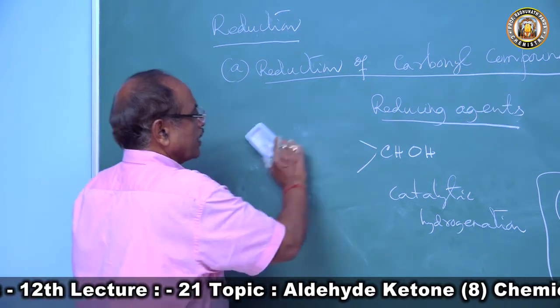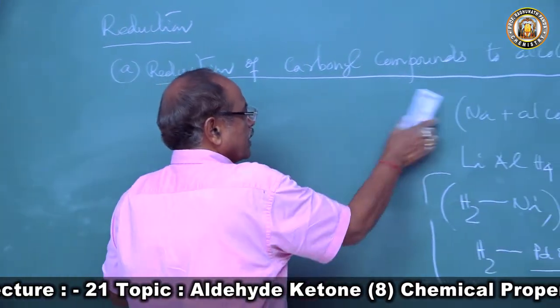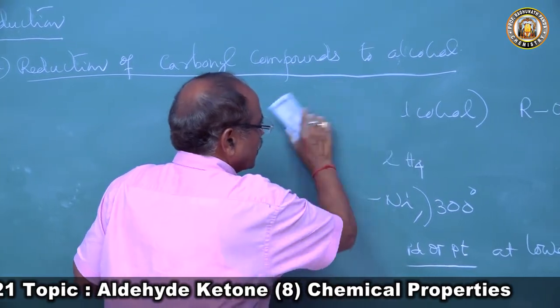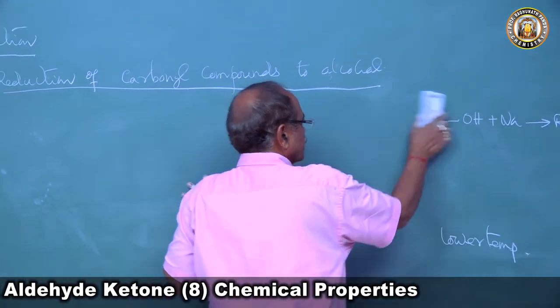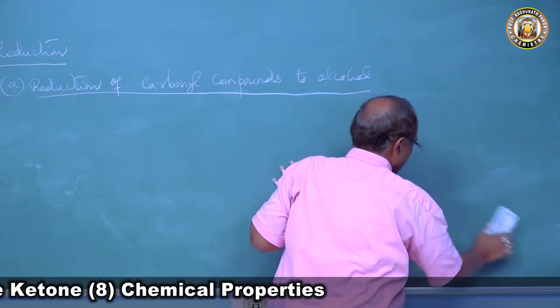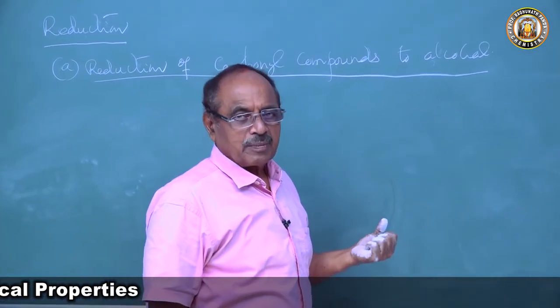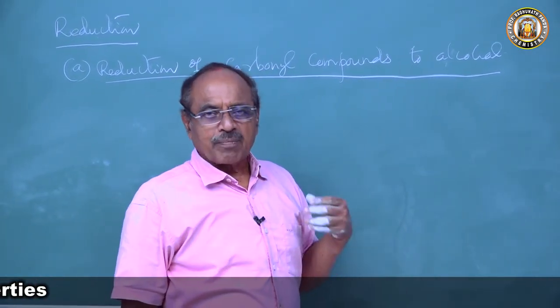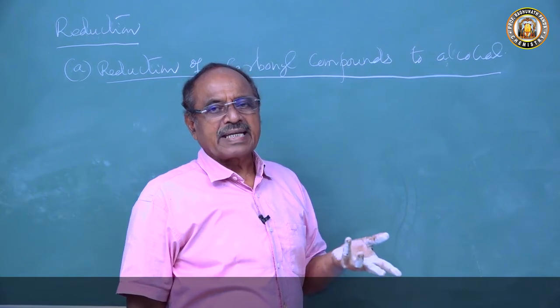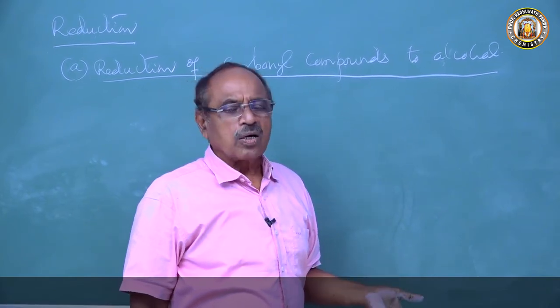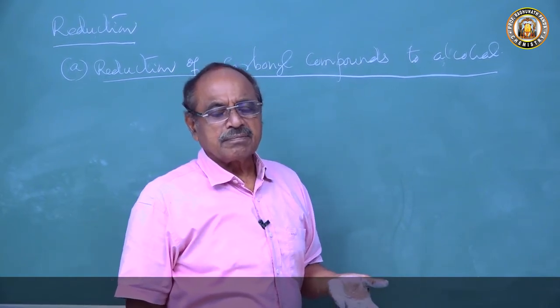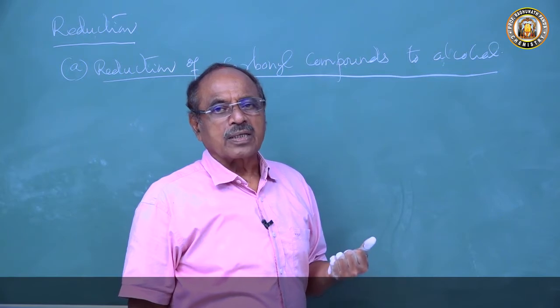So when a carbonyl compound is reduced by any one of such reducing agents, sodium and alcohol, lithium aluminium hydride, or hydrogen with Raney nickel or palladium and platinum, the corresponding alcohol is produced.